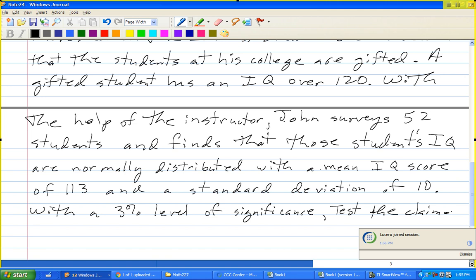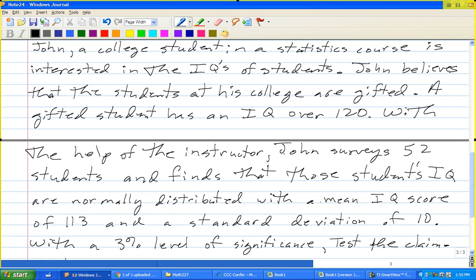Okay, so let's do that. First note that the population that we're studying here is all the students at John's College, and what we are measuring is the IQ scores of these students.